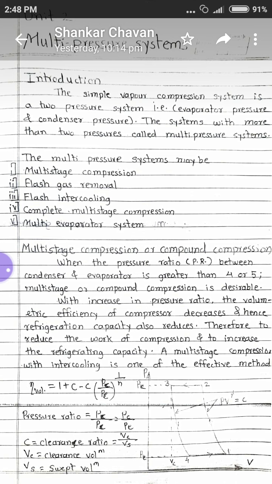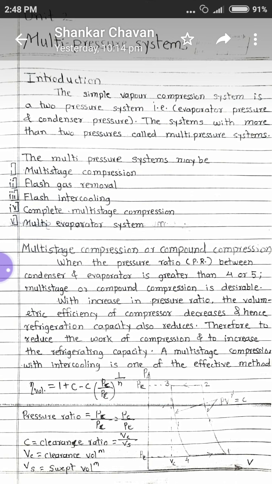As the pressure ratio increases, the temperature of air increases continuously and the volumetric efficiency of the compressor decreases. So if we reduce the compressor work, automatically the coefficient of performance increases, because we know the formula of coefficient of performance.